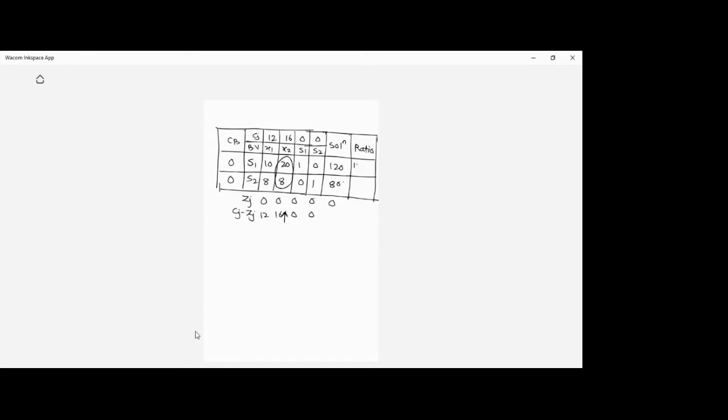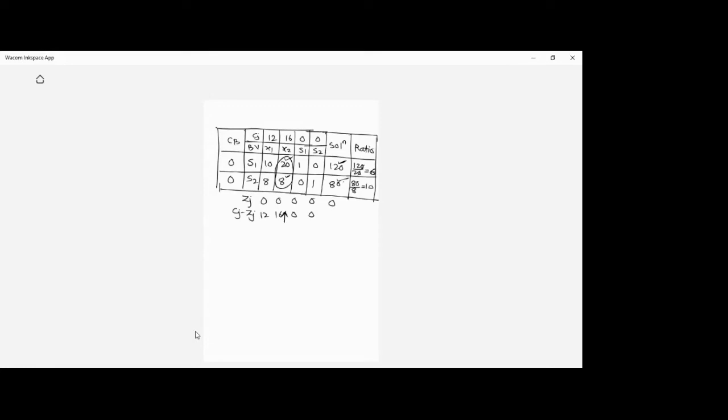That is 120 divided by 20, which is equal to 6. Next, it will be 80 divided by 8, which is equal to 10.